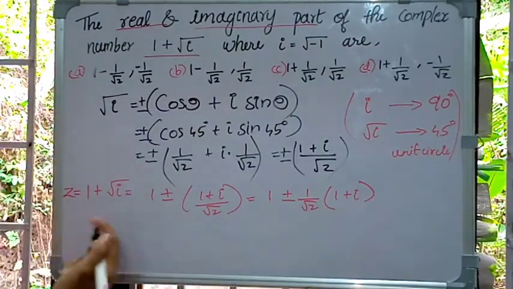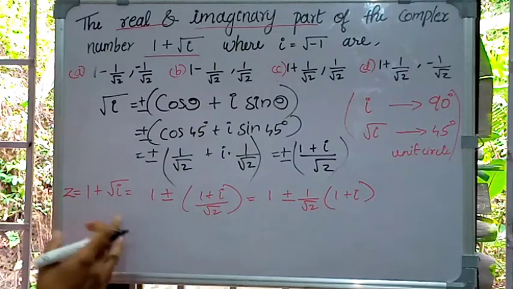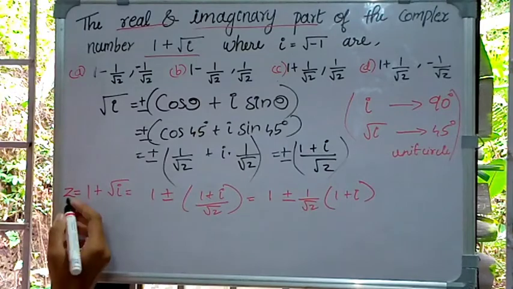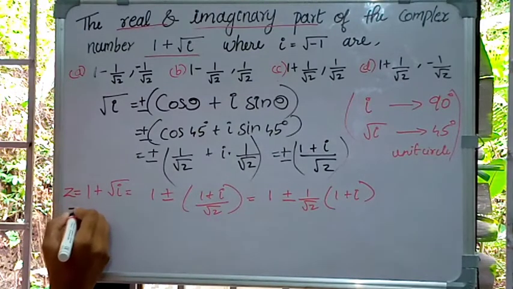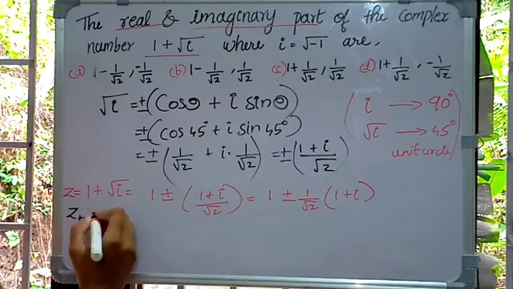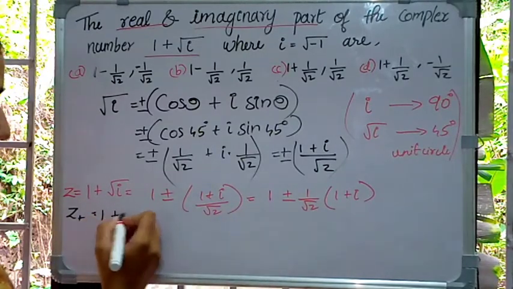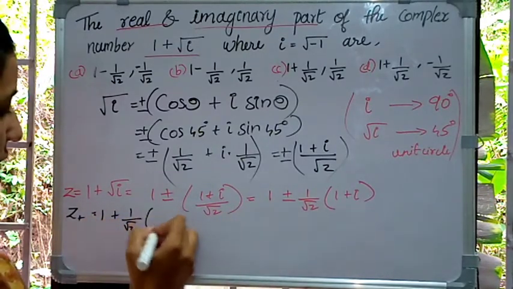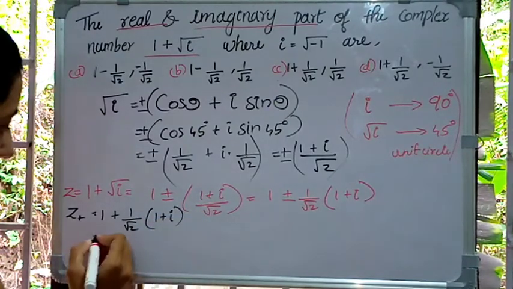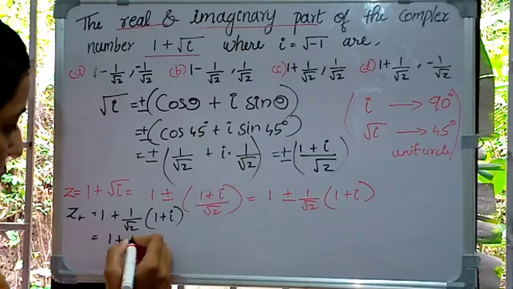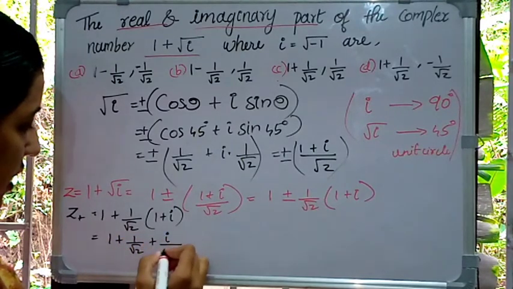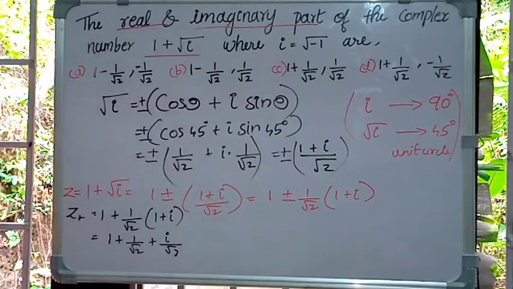So here we have to find both this positive as well as negative z value because it's given plus or minus. So for that, let's first write the z value as positive. So when the z value is positive, we get 1 plus 1 by root 2 into (1 plus i), which on expanding we get 1 plus 1 by root 2 plus i by root 2.